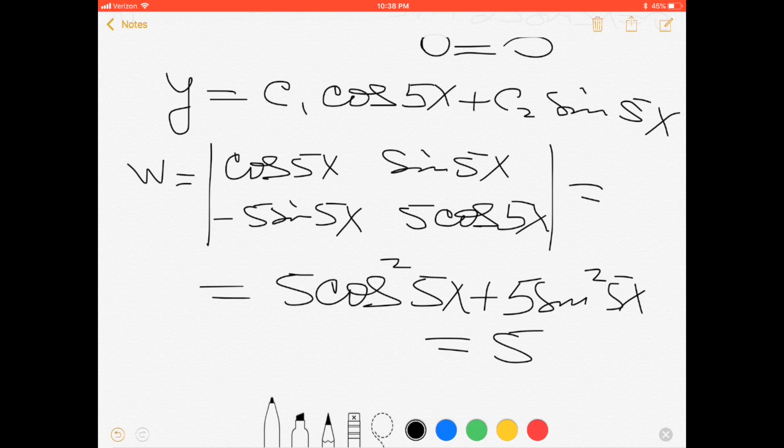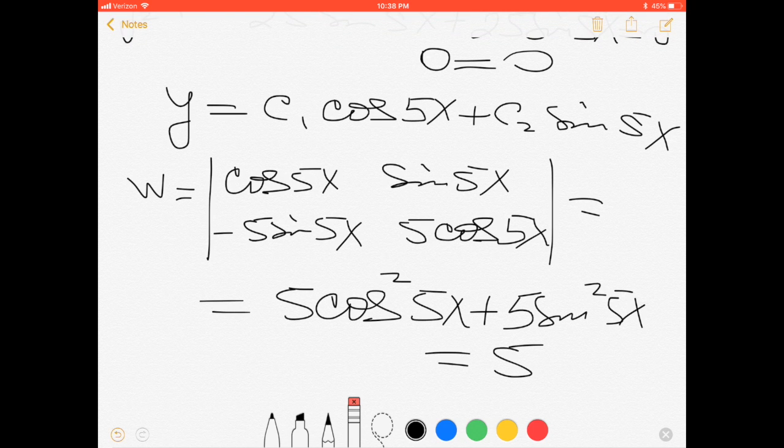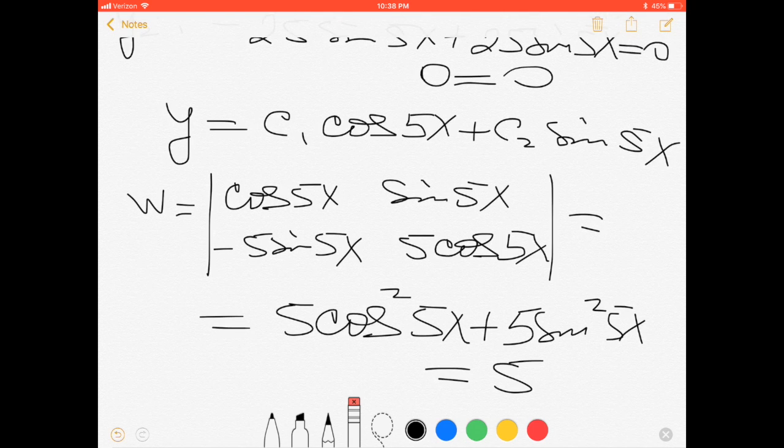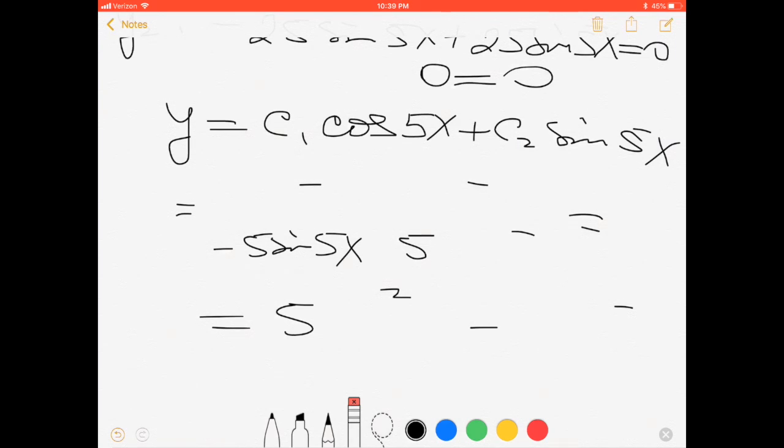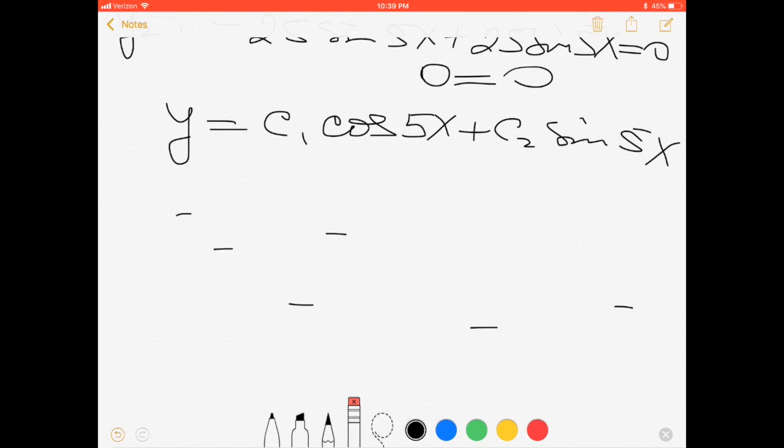Now this is exactly equal to 5. This means these two functions are linearly independent. Okay, I want to make this clear here. I'm trying. All right. This will be clearer about what I'm doing.